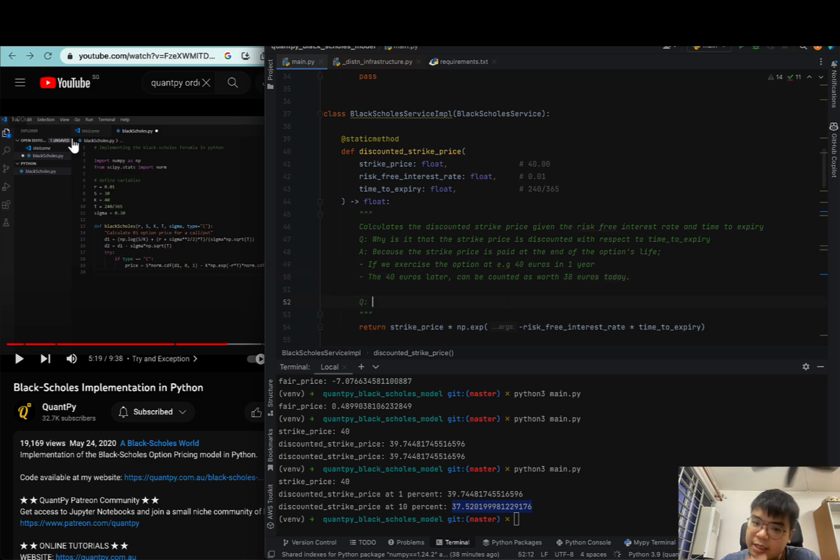So the second question is why is the strike price discounted with respect to risk-free interest rates?